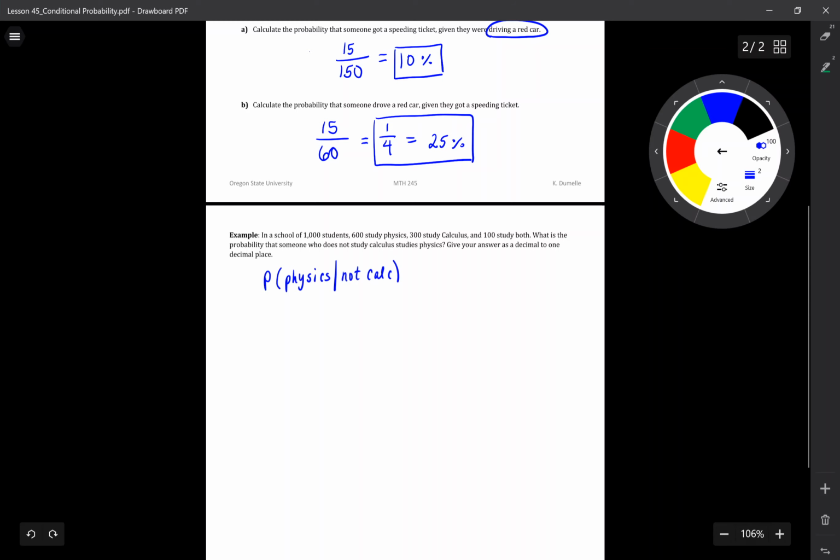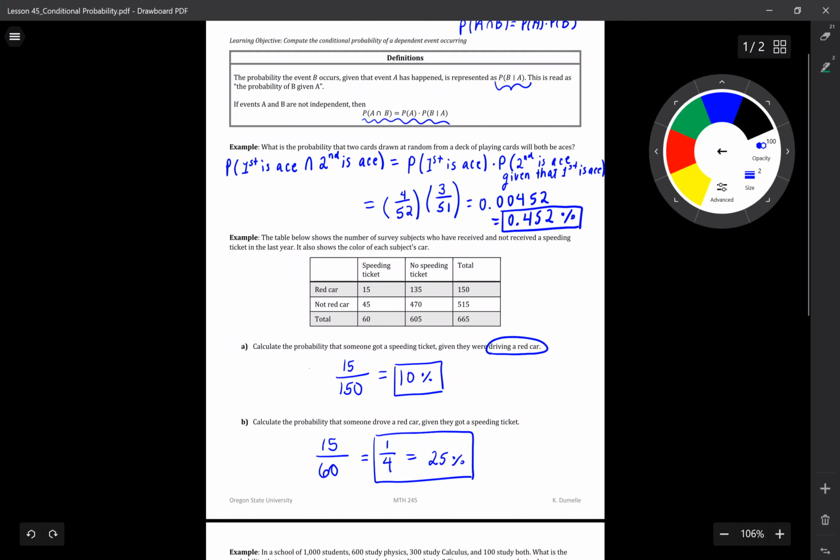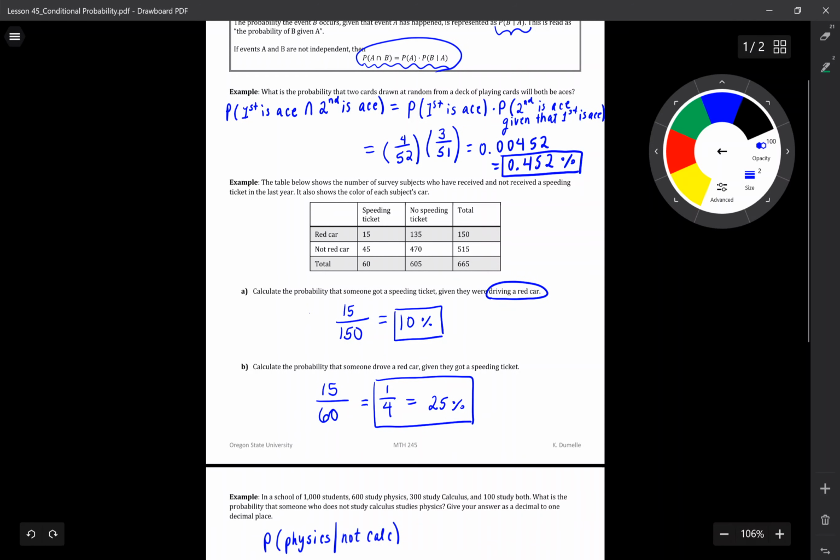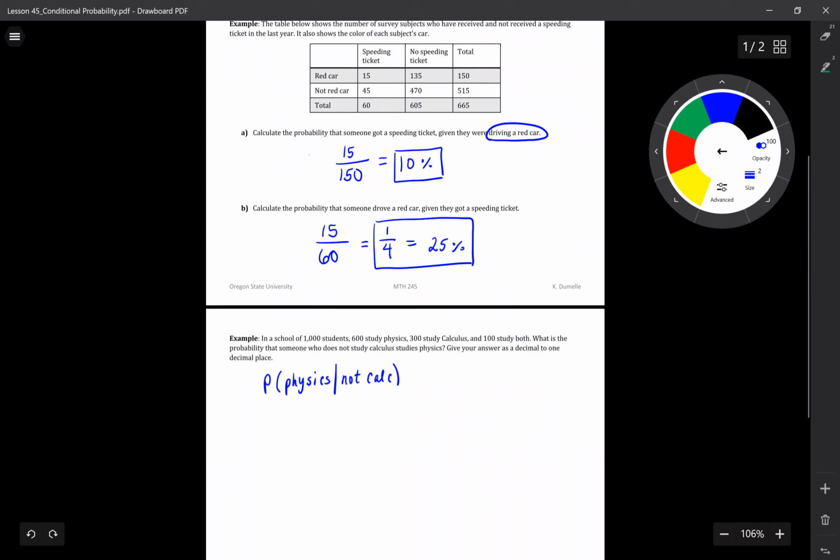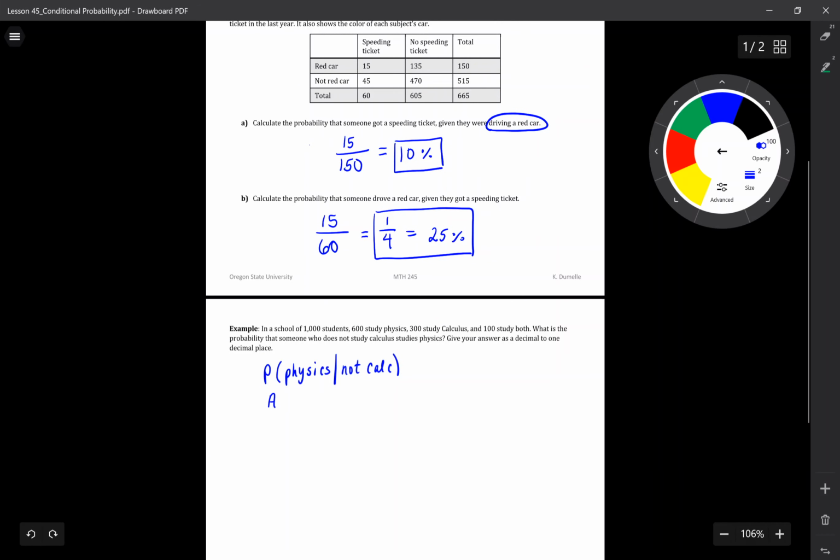Okay, so this is what we want. And if we go up to this equation up here, let me rewrite this down here. In this case, I'm going to call event A not calculus, and I'm going to call event B physics.